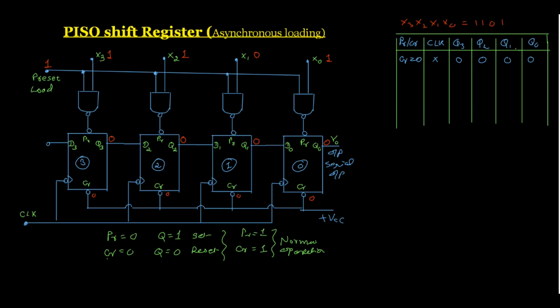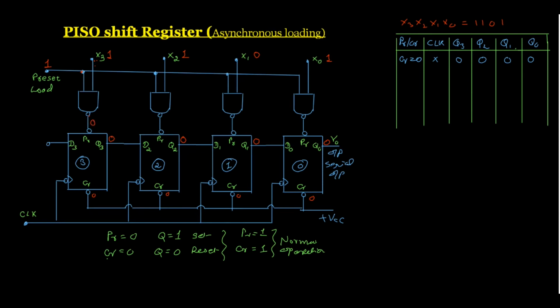When this preset input is 1, the input to the gate of X3 is also 1. So 1, 1, and the output is going to be, according to the truth table of the NAND gate, a 0.